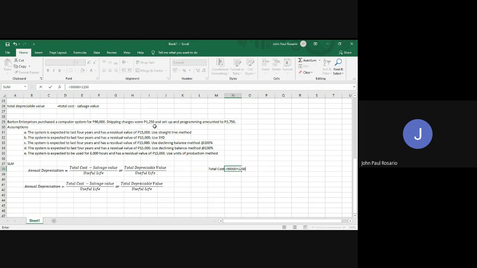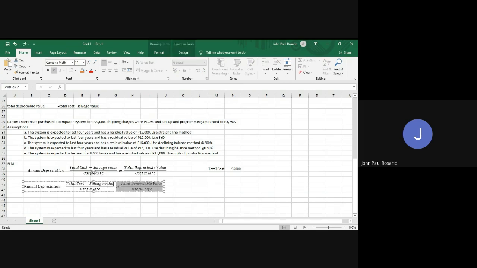The transportation cost was necessary to bring the computer system to the company, and the setup and the programming was necessary so that the computer system can be used by the company. Okay, so for a total cost of 95,000.